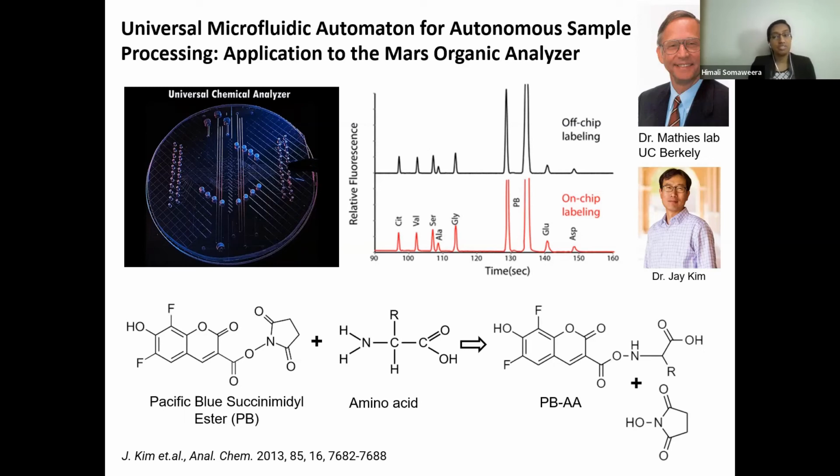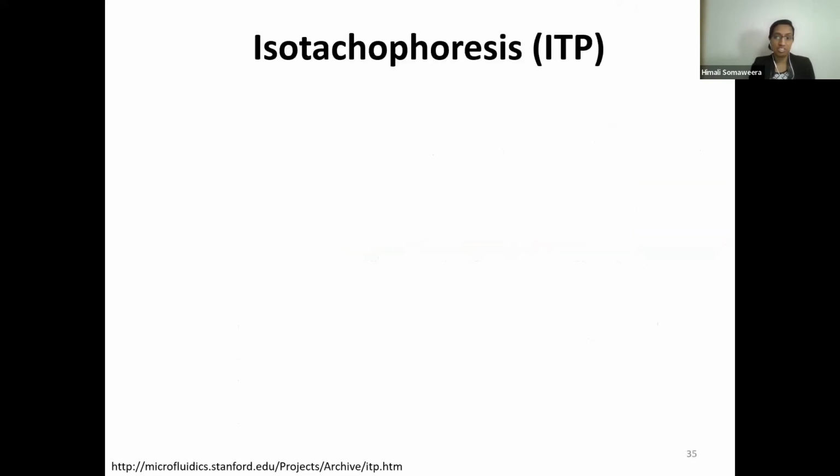So they were using this universal chemical analyzer for the Mars Organic Analyzer. They have this project going on with NASA, so if there's amino acid that can be detected on Mars, they kind of want to know whether there's any life on Mars. So that's the main project.